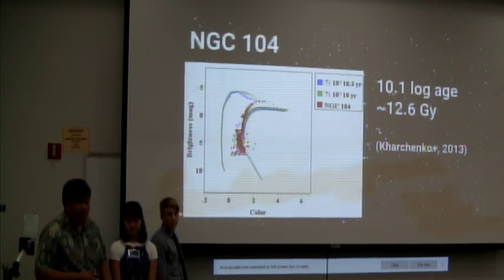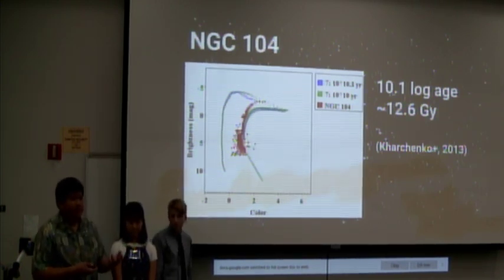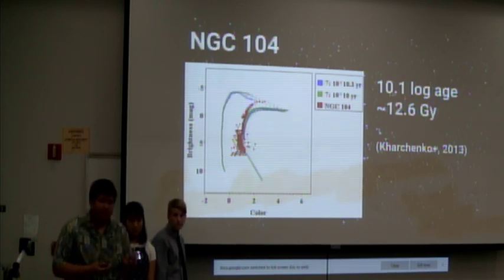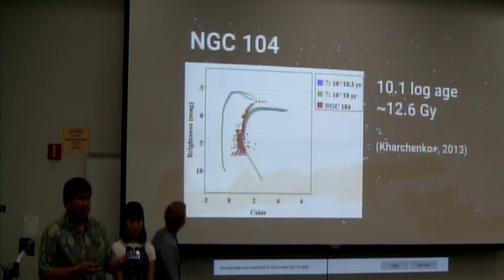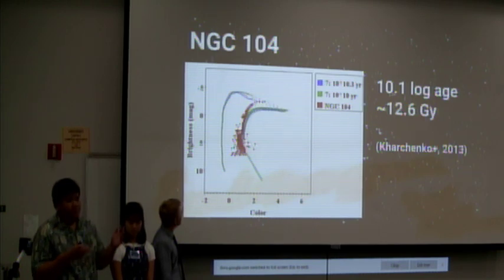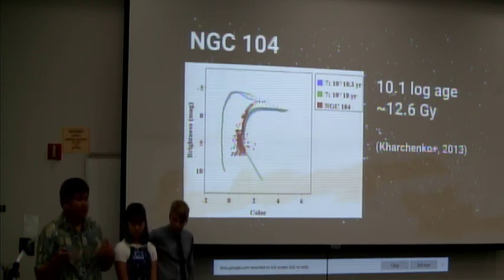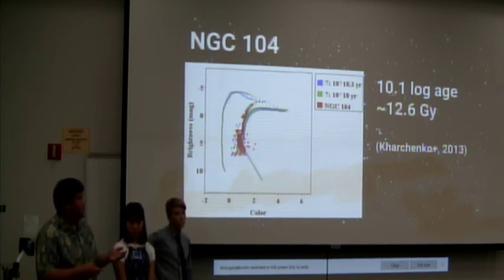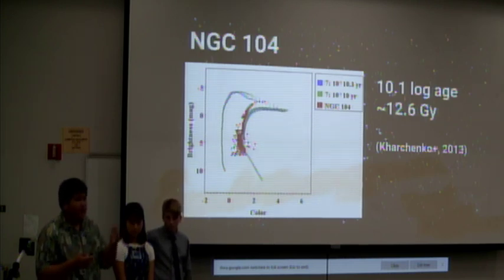This graph also shows where figuring out the age of star clusters kind of hits a roadblock, because from 4 billion years on, the HR diagrams for clusters start to not change that much.